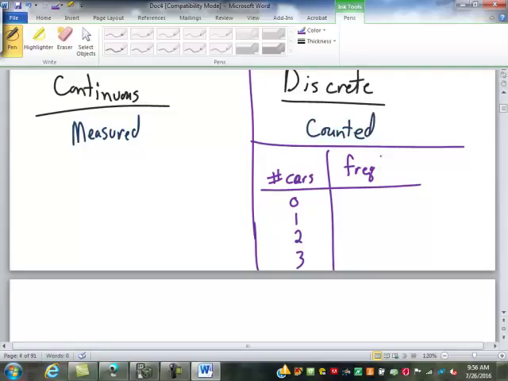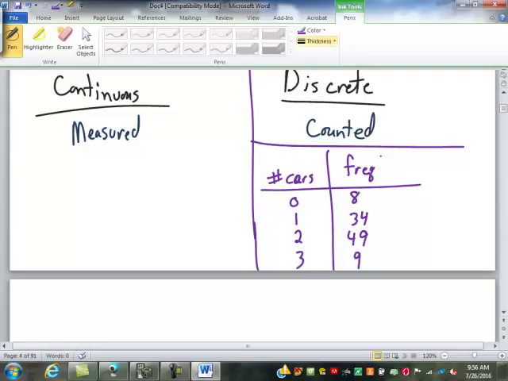Well, it's pretty simple to say there were 8 people that had 0 cars in their driveway. 1 car, there were 34 people. 2 cars, there were 49 people, and 9 people had 3 cars in their driveway.